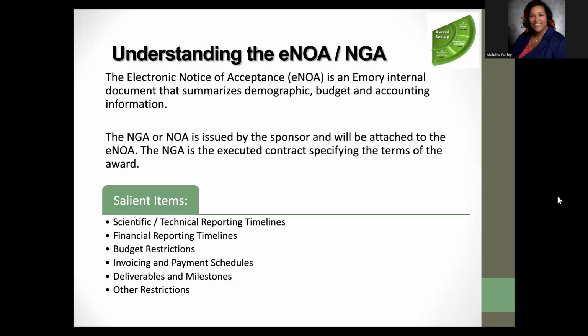Rebudgeting, what are the guidelines for rebudgeting? Things like that. Maybe we're not allowed to charge equipment. We need to know that. Invoicing and payment schedules, deliverables and milestones that may be due to the sponsor, and then any other restrictions that might exist on the award. Those are all really key things that we're looking for.